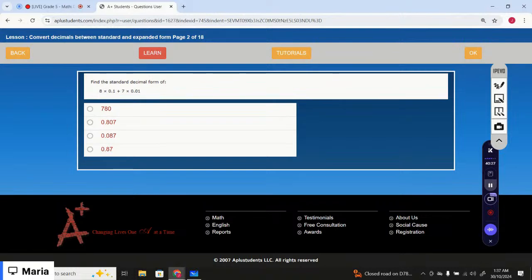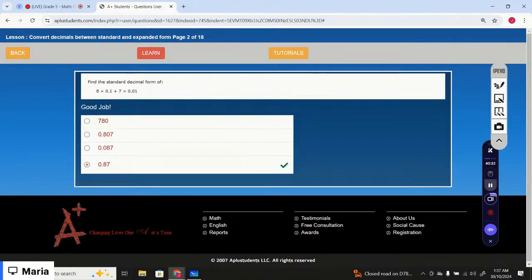The correct option is 0.87. The last option is the correct option.